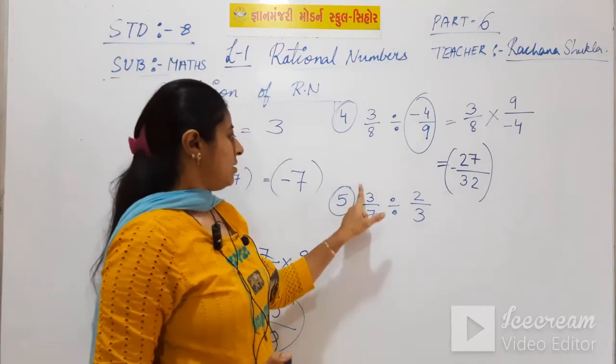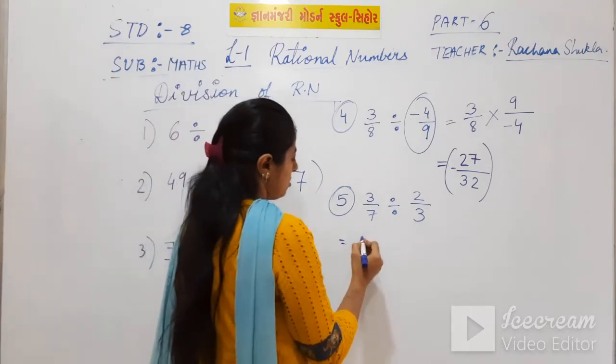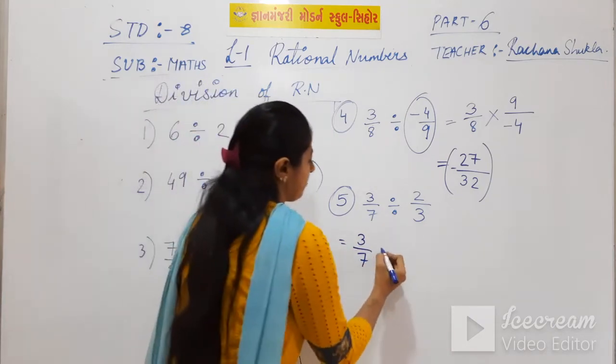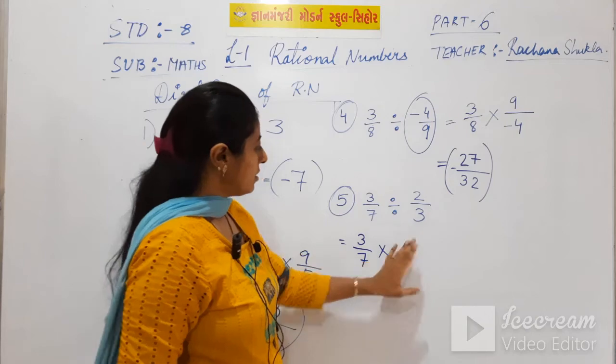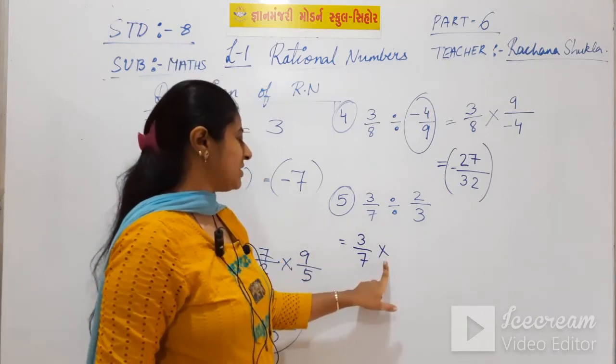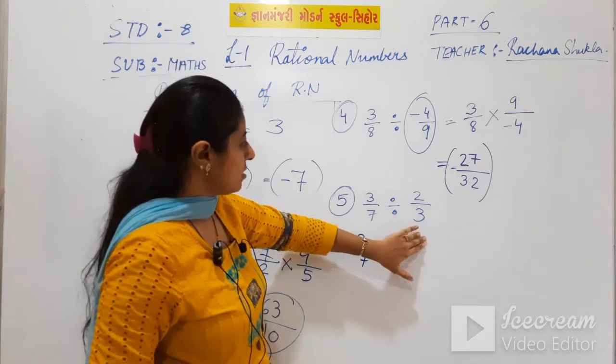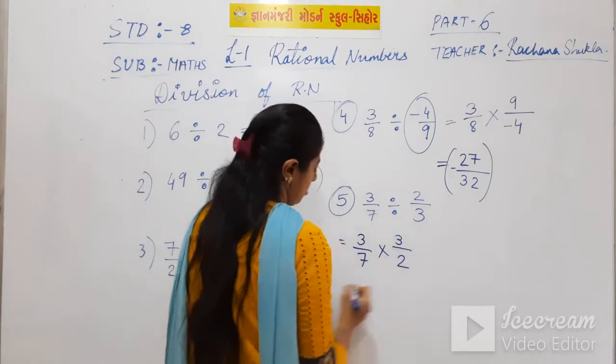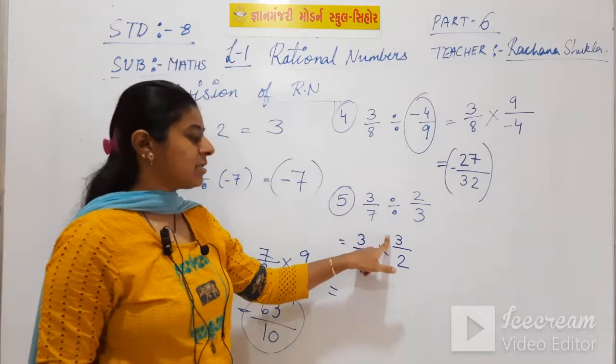Last sum. 3 upon 7, multiply. If you change the multiplication sign, this will be reciprocal, that is 3 upon 2. Can you cut 3 and 3?